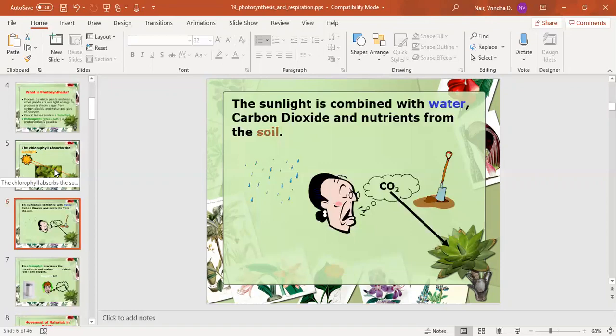Later on we'll come to know what part of the sun's energy the plant actually needs. The sunlight is combined with water, carbon dioxide and nutrients from the soil. So the leaf absorbs the sunlight, takes in the water, the carbon dioxide and nutrients from the soil, and then it creates its food.